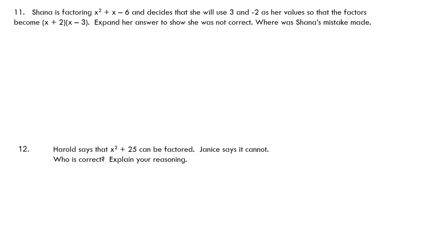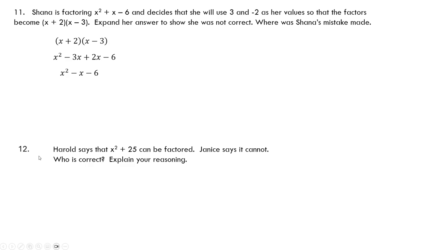So our factors of negative 6 are not, in fact, 2 and negative 3, because if we expand this out, we'll get x squared minus x minus 6. I believe Shanna could have gotten the correct answer if she used x minus 2, x positive 3. That would have given her the right answer.